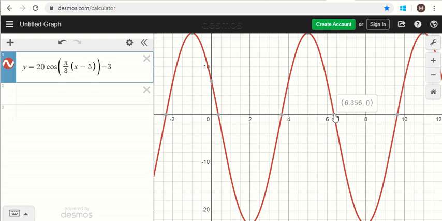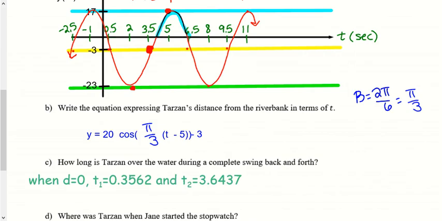And then I also cross again right there at 6.356. And then this one back here was 0.356. So my first two crossings were right here and right here. I'm calling those T1 and T2 when I wrote them down. So I need to find the difference between them.